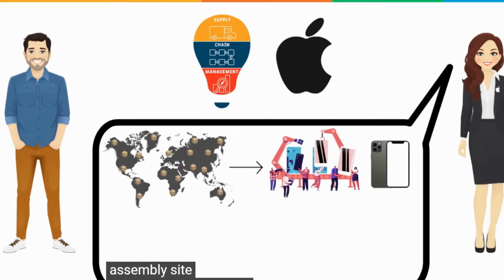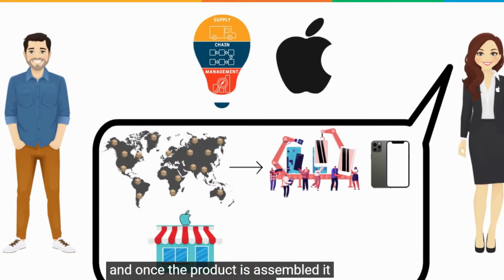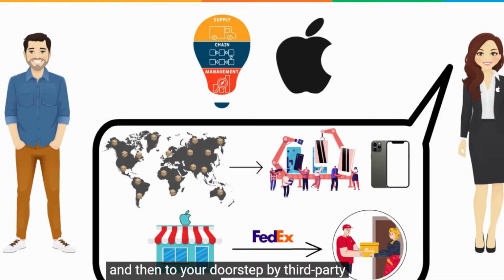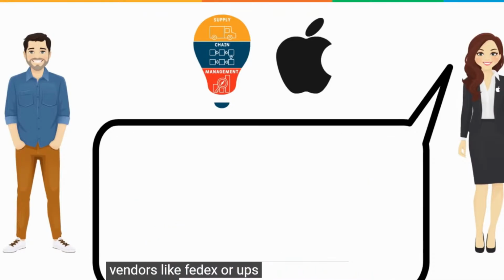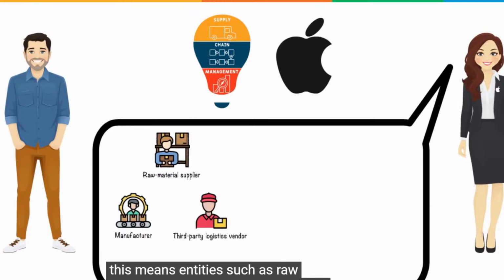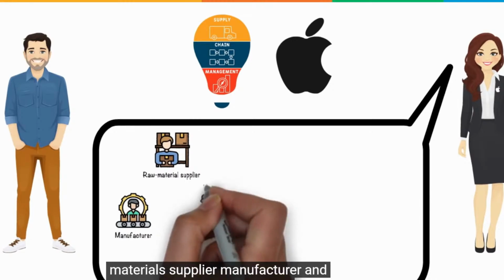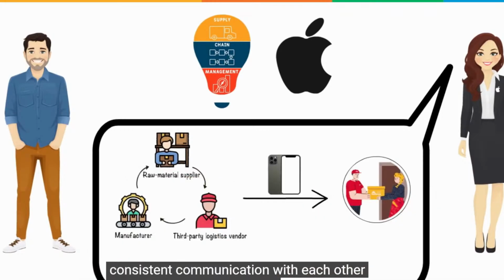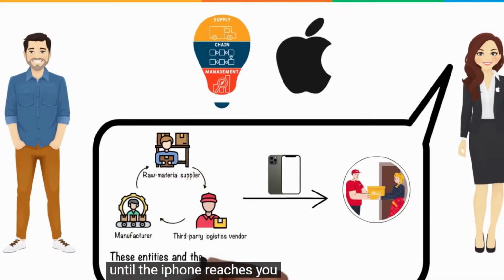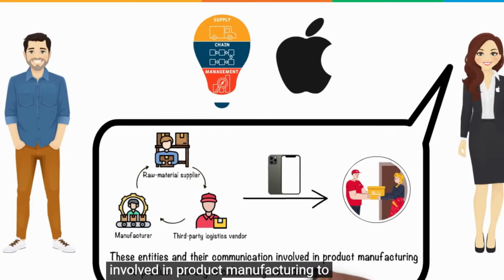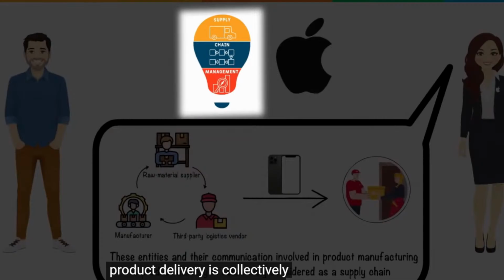And once the product is assembled, it gets shipped to the storage warehouse and then to your doorstep by third-party vendors like FedEx or UPS. This means entities such as raw material supplier, manufacturer, and third-party logistics vendor are in consistent communication with each other until the iPhone reaches you. These entities and their communication involved in product manufacturing to product delivery is collectively considered as a supply chain.